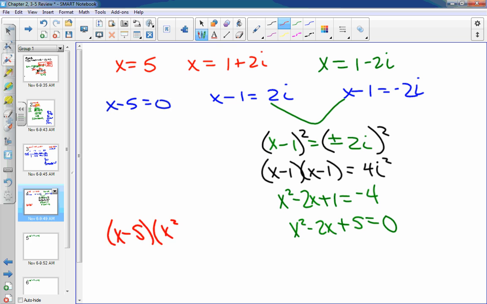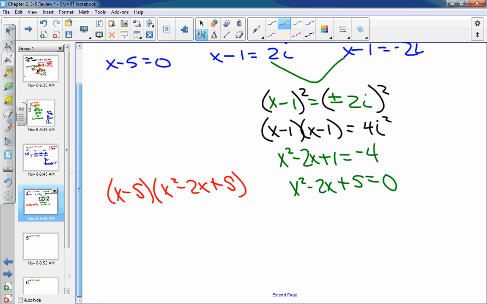What that means is that we have to multiply the two polynomials together. So if I'm multiplying the two polynomials together, I have to FOIL. Okay. X cubed minus 2x squared plus 5x. Go to the next one.